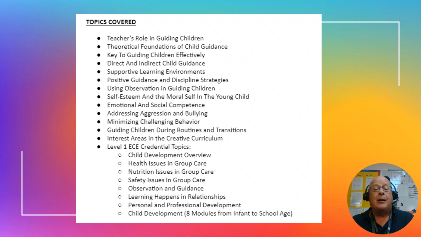We'll learn how children develop emotionally and socially. And then we're also going to explore several Level 1 credential topics, including health, including learning happens in relationships, etc. So I'm not going to read this entire list to you, but I do encourage you to read it, just so you know some things that we're going to be learning about this year together.